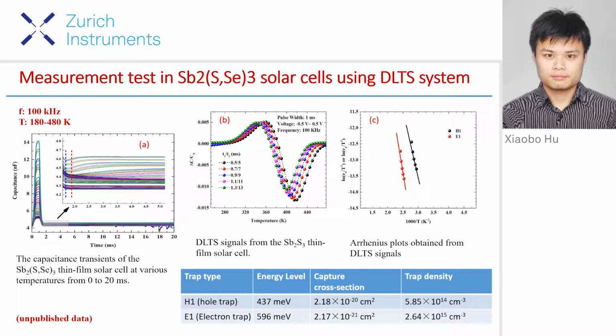It can be viewed that there are slight changes in the transient capacitance with various temperature in figure A. Since what we need to pay attention to is the recovery process of the capacitance after the pulse, the capacitance value after 1 millisecond is zoomed in, as displayed in the inset of figure A, and it can be observed that there is a distinct difference in this process over varying temperatures.